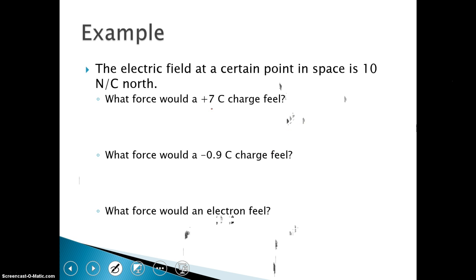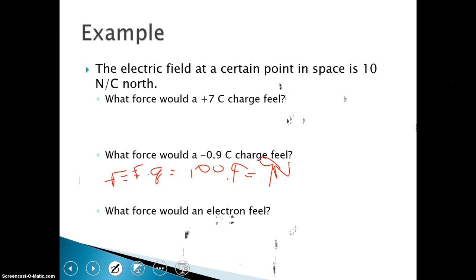Next part of the example. What force would a negative 0.9 coulomb charge feel in this 10 newtons per coulomb north field? Well, force again equals E times Q. So that is 10 newtons per coulomb times 0.9 coulombs, which is 9 newtons.